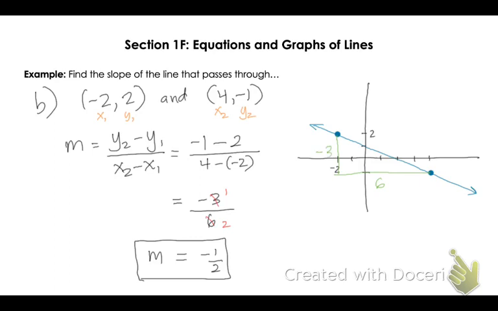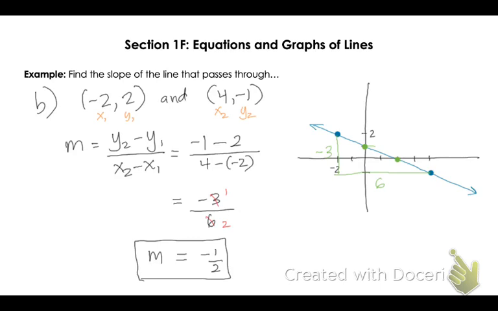So this line is falling left to right. If you go back to the last example, it was rising left to right. That's why we ended up with a negative slope on this one, because we had to rise a negative amount. We're falling left to right. So we get this slope that is -1/2. And again, if you zoom in to any 2 points, it looks like it goes through the x and y intercepts there.